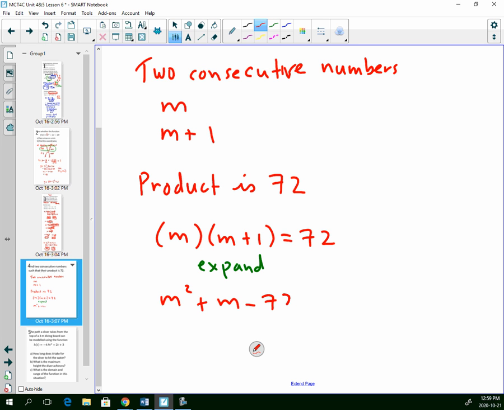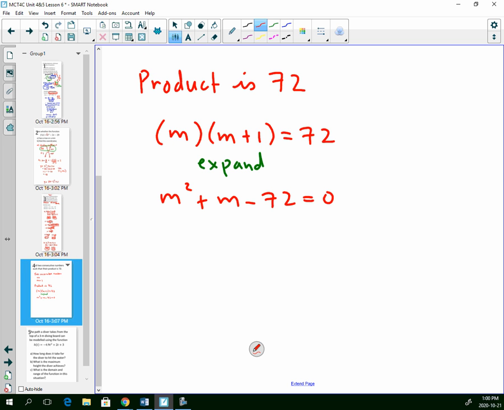And I want to solve it, so it has to equal 0. So I'm going to bring the 72 to the left so that everything's on the same side. And then I want to see if I can either factor or you could use the quadratic formula, whichever method is convenient for you. So we'll say factor or quadratic formula.